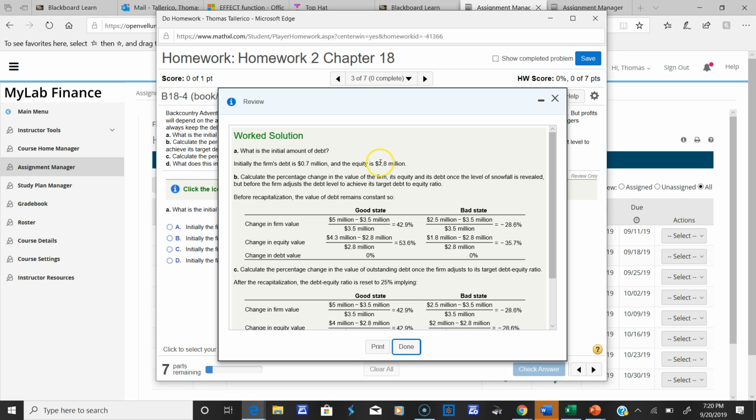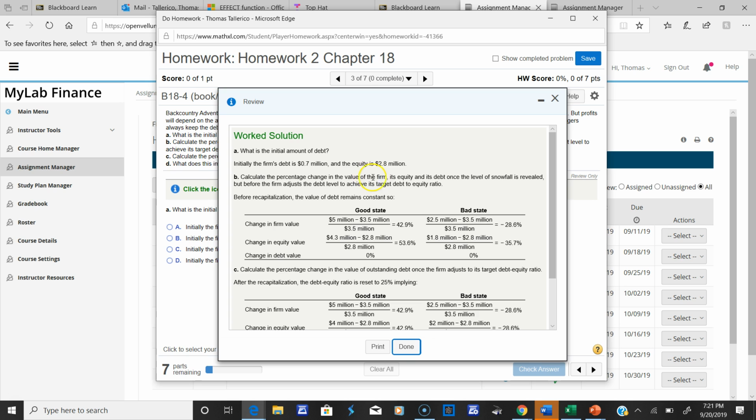And the equity is 2.8, so the debt to equity, 0.7 divided by 2.8 equity, gives you a 25% debt to equity ratio. And the sum has to equal 3.5. So x plus y has to equal 3.5, and x over y has to equal 0.25. That should give you the simple answer to A. Initially the firm's debt is 0.7 million and the equity is 2.8 million.